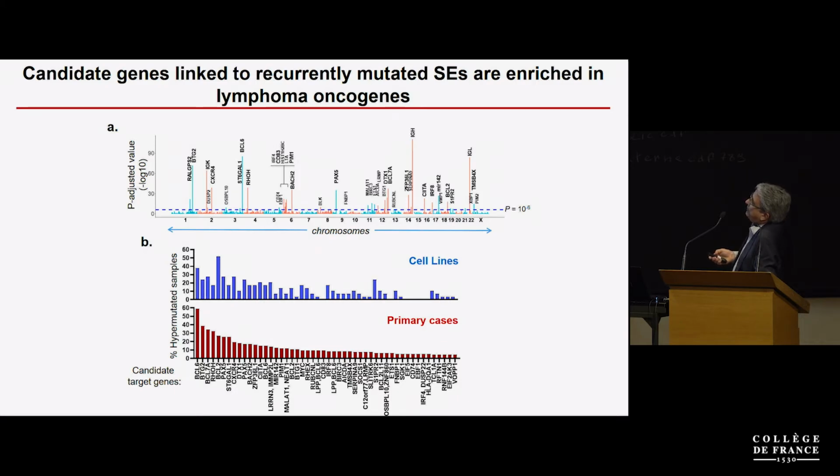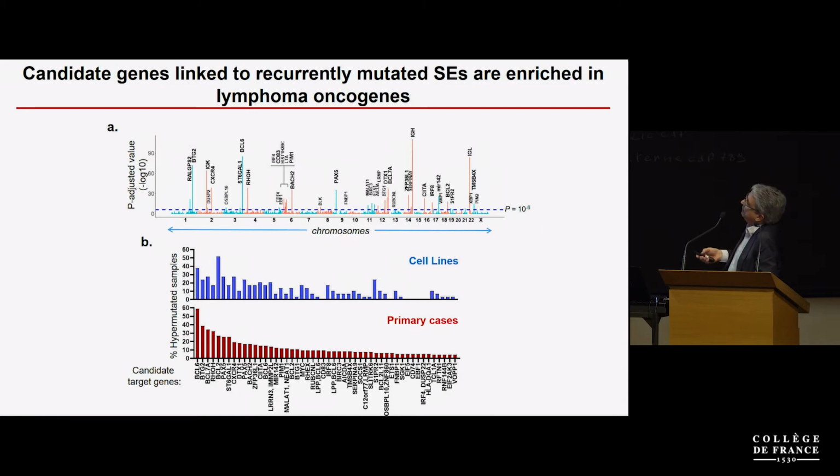And the other point, actually the point of this slide, is that if we look at candidate genes that are linked to the superenhancers, I say candidates because it's based on three factors: expression in B cells, proximity to the superenhancer, and connectivity through a Hi-C data bank in germinal center cells. So these are pretty strong candidates.